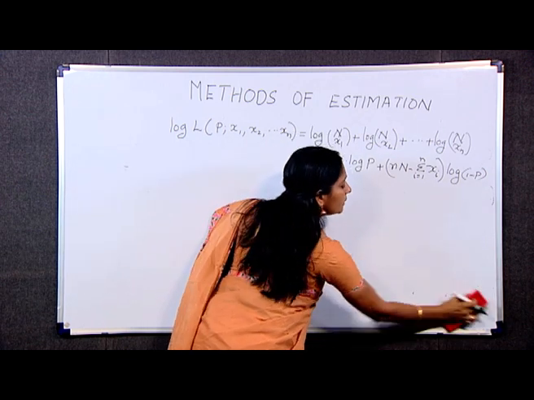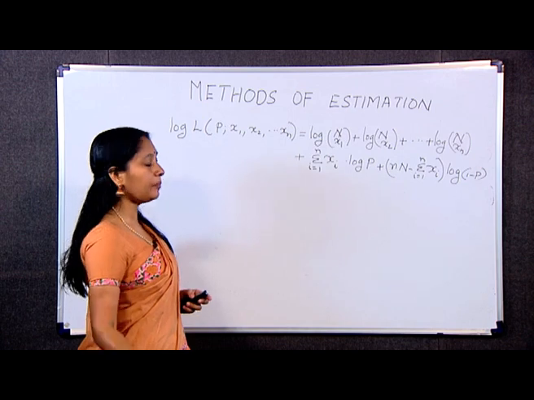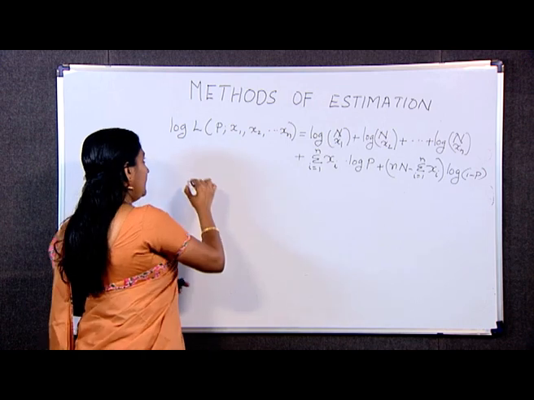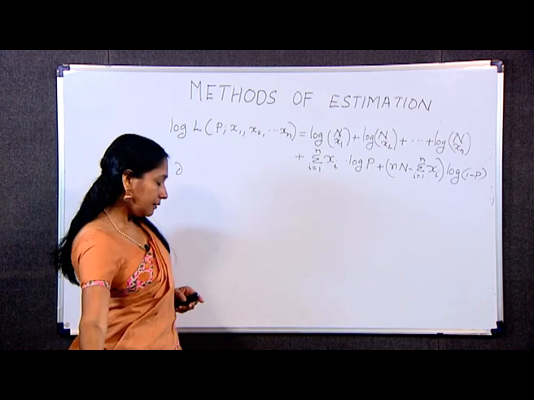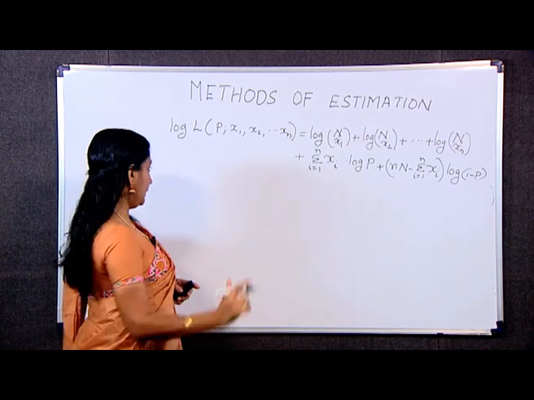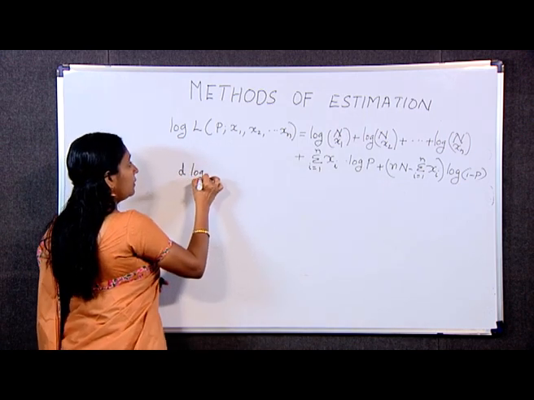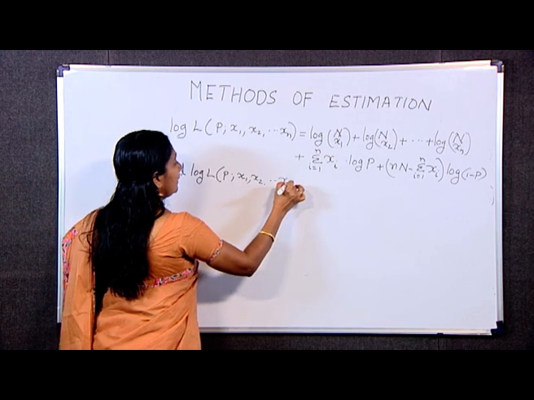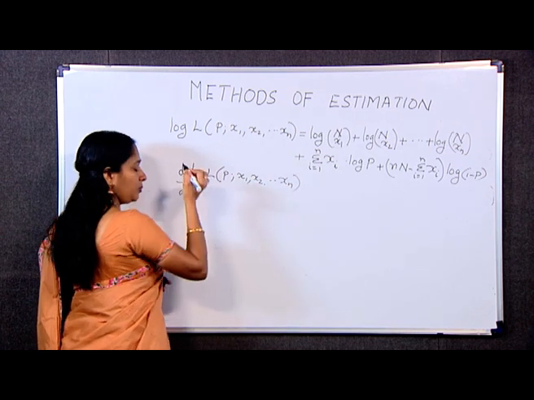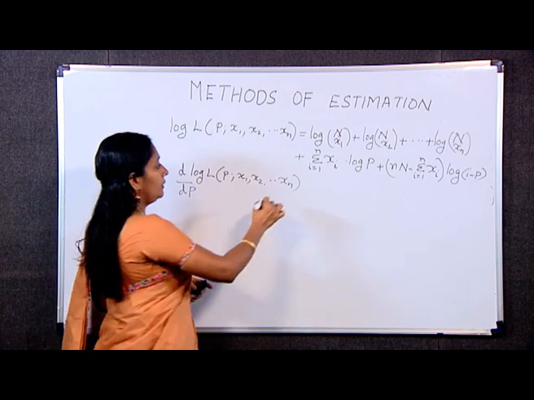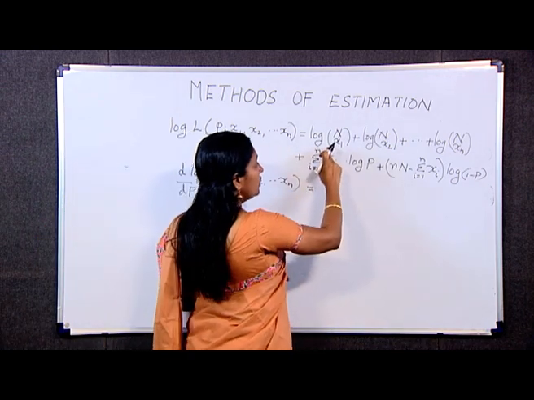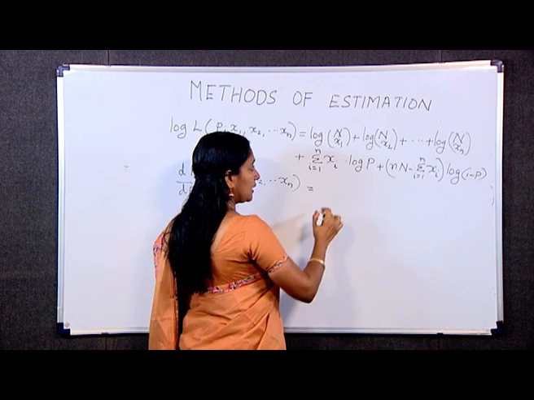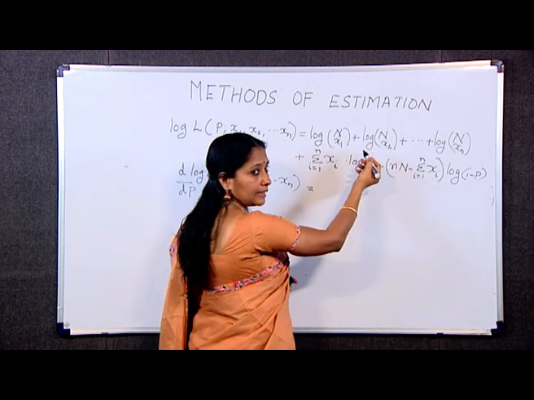Here we have the parameter p, and we have to estimate the parameter p. So, we have to find the derivative with respect to p. Hence, d log L(p; x1, x2, etc., xn) with respect to p is equal to, in the first term there is no p, so when you take the derivative with respect to p, these terms are exactly equal to 0.